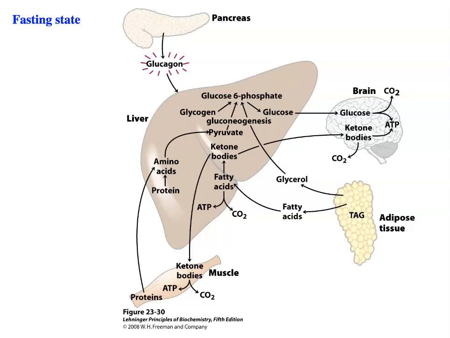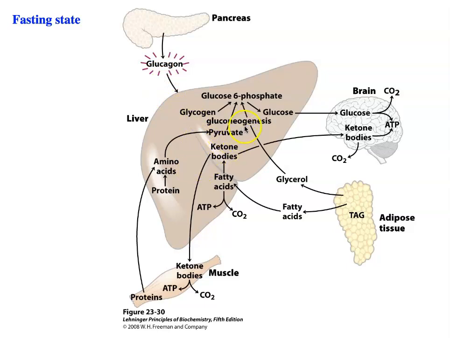So after a few hours without meals, the liver becomes the organ that supplies glucose for the cells that need it, primarily the brain. So when the blood glucose levels start falling below normal, glucagon is secreted, and then that hormone controls all of these processes in the liver and in the rest of the tissues.